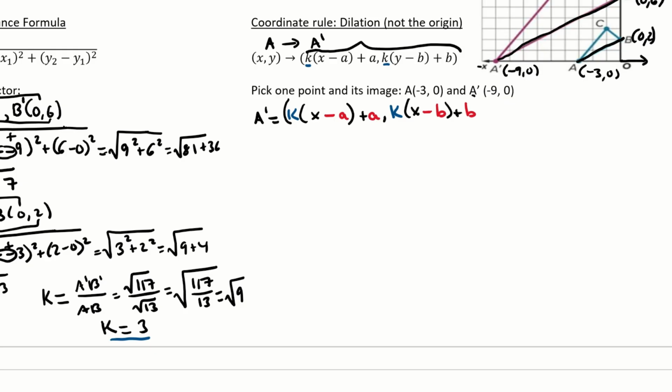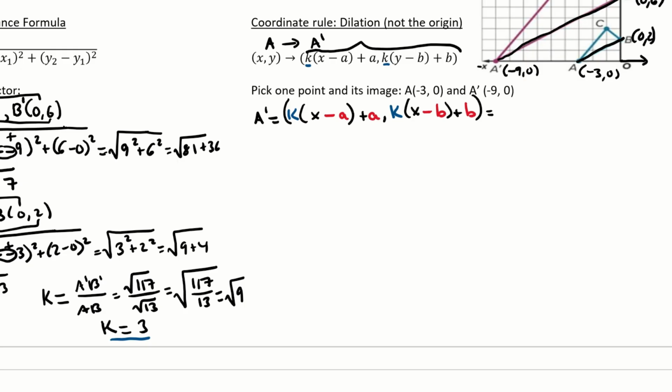Okay, but we know that A prime is equal to negative 30, right? Or negative 90, I'm sorry. So we know that that's equal to negative 90. So we're going to be plugging that in shortly. Before I do that, I'm going to simplify this. So we get K is, we said K was 3, right? So let's do that.